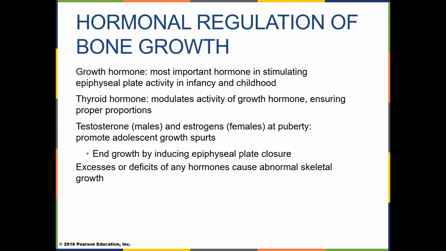In the female, the estrogen stimulates so much osteoblast activity that yes, they get their growth spurt earlier in puberty, but they have so much estrogen coming out, it shuts down the growth plate. So they've had their rapid growth, but then they shut down the epiphyseal plate.